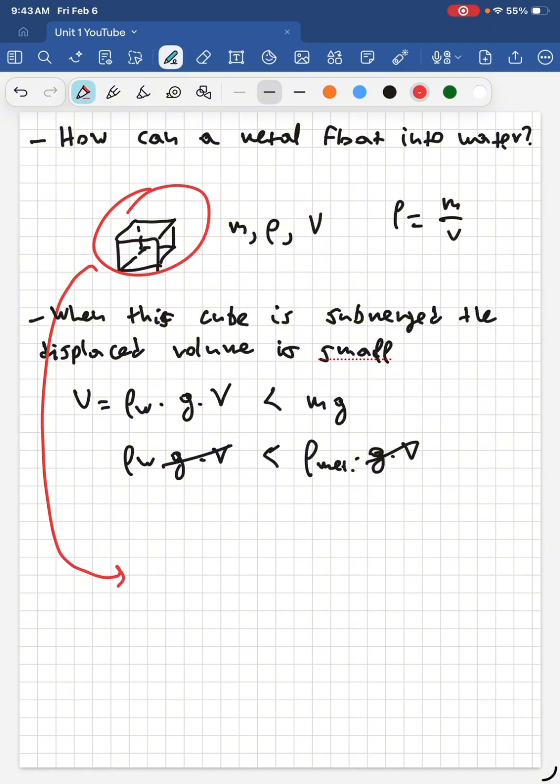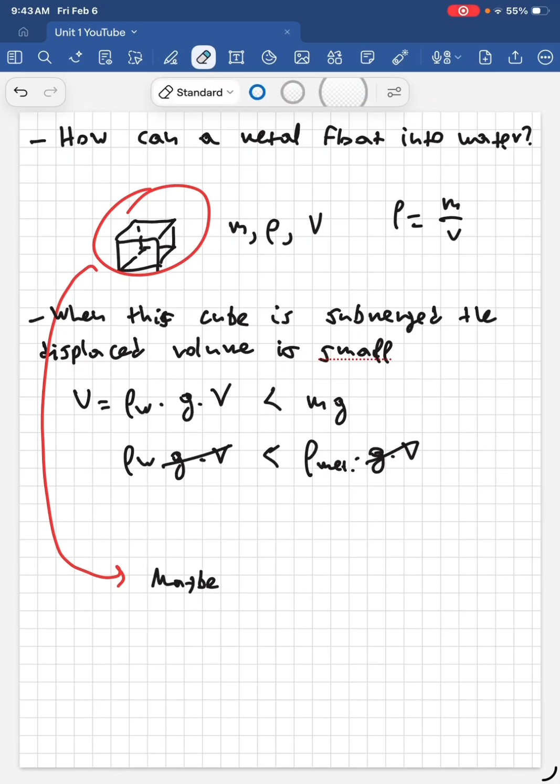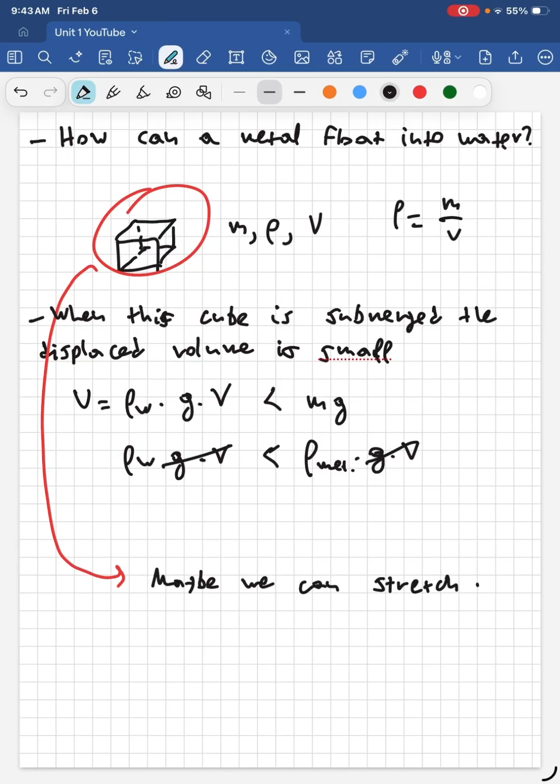Maybe we can take this cube and stretch it. We can stretch and manipulate the cube so it becomes like follows.